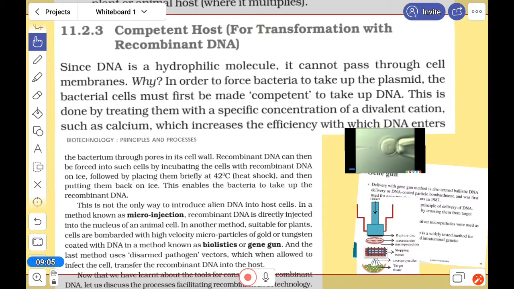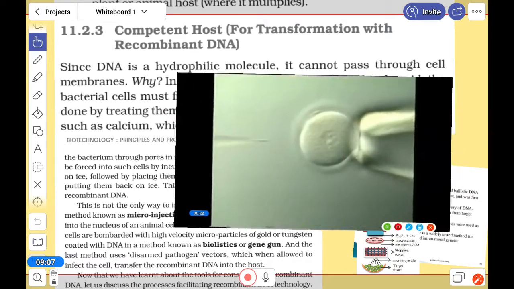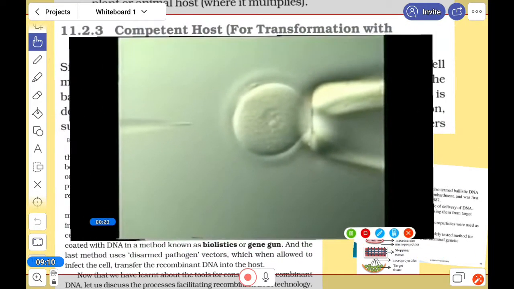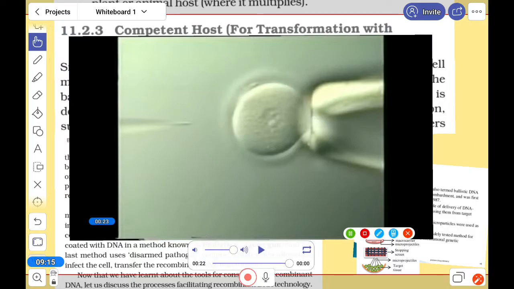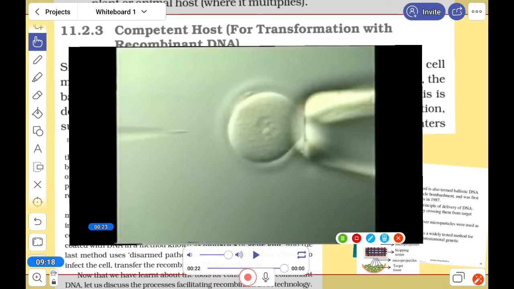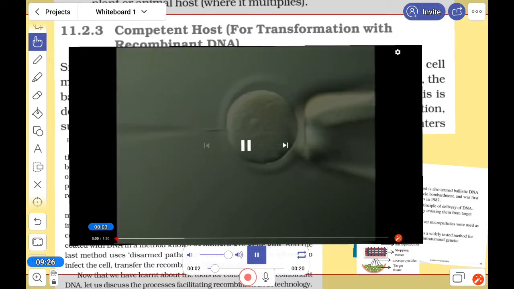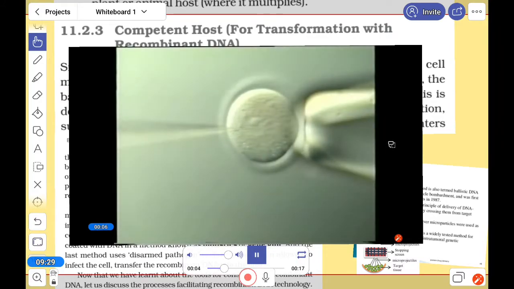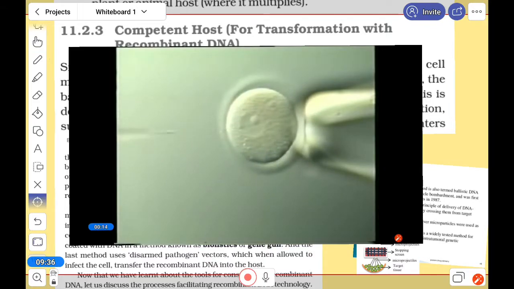Forcefully also, there is the microinjection method, and I just want to show you that kind of video. You can see the microinjection here. In microinjection, there is pressure in this area, and suction, and here it goes inside.